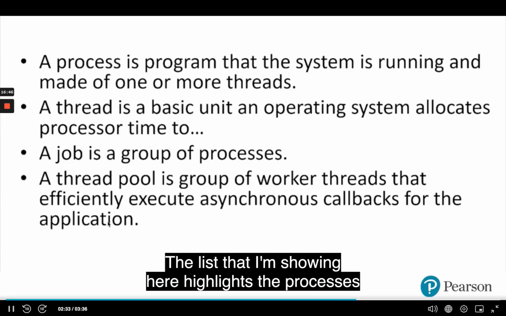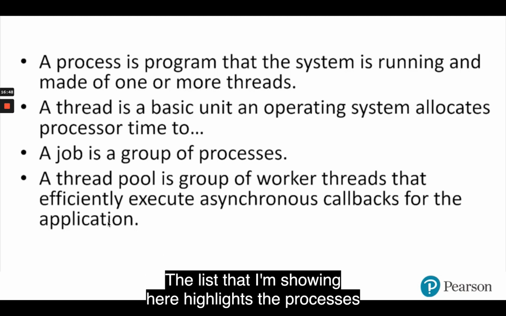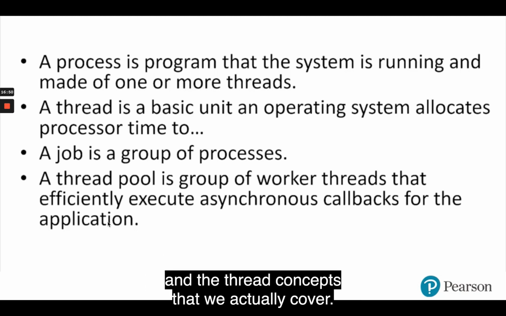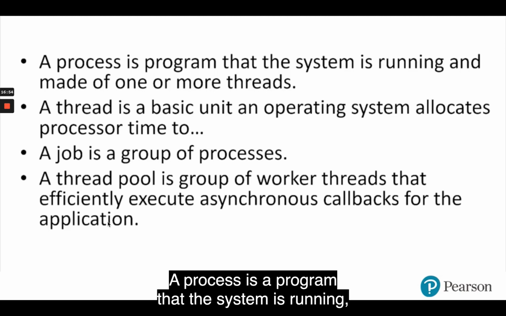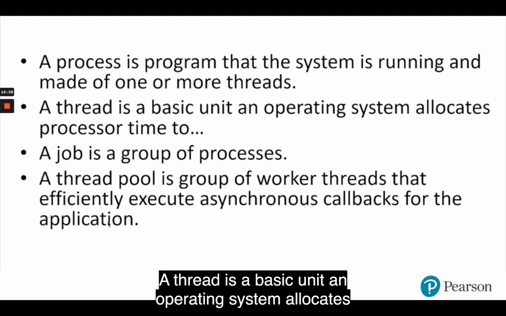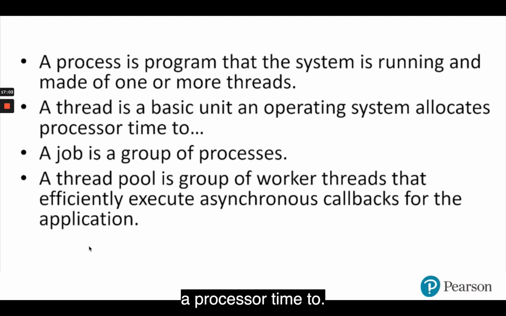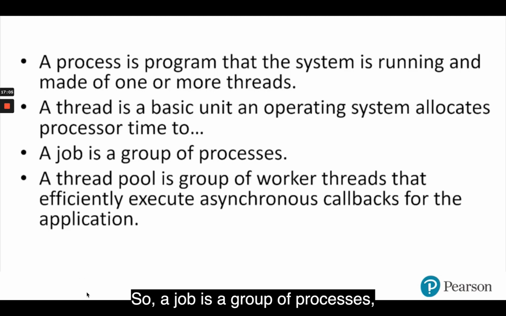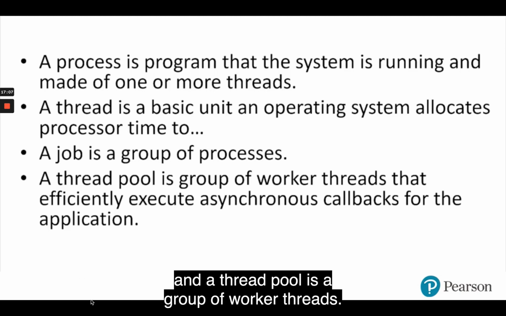The list that I'm showing here highlights the processes and the threat concepts that we cover, right? So a process is a program that the system is running and is made of one or more threads. A thread is a basic unit an operating system allocates processor time to, right? So a job is a group of processes and a thread pool is a group of worker threads.